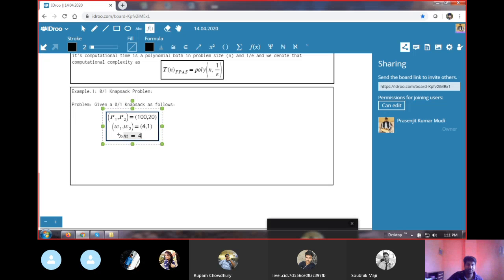What is a 0 by 1 knapsack problem? So I think I don't have to write the mathematical model of 0 by 1, you just recall it. Okay, let me write that.